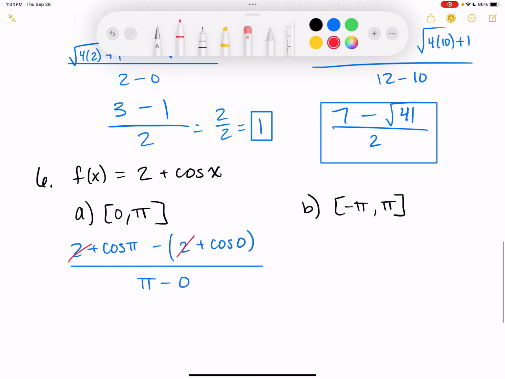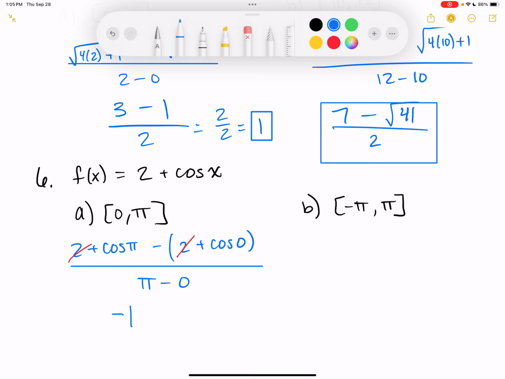So the cosine of pi is what? Zero. Wait, 1. So I think it's negative 1. Right? Get out our friend.